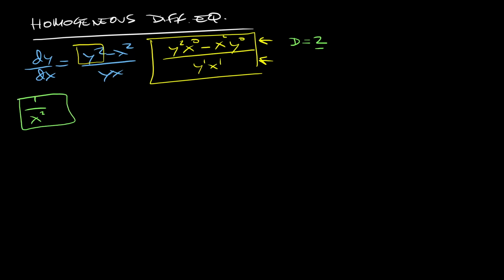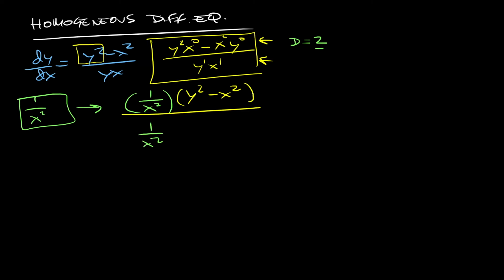So taking our expression, 1 over x to the second power, we multiply the first member, y squared minus x squared, and then divide by 1 over x squared times the second member, which is yx. Nothing new here, this is 1, so we haven't changed anything.